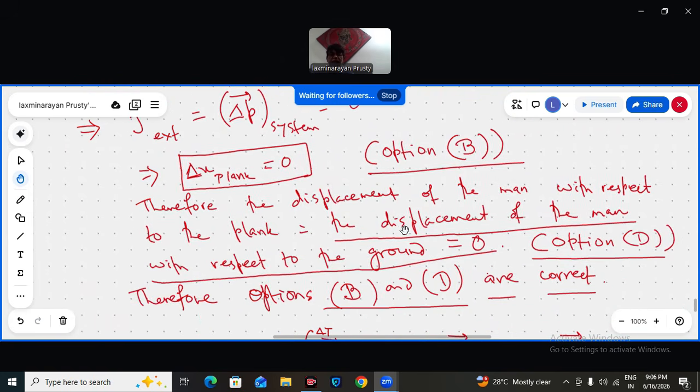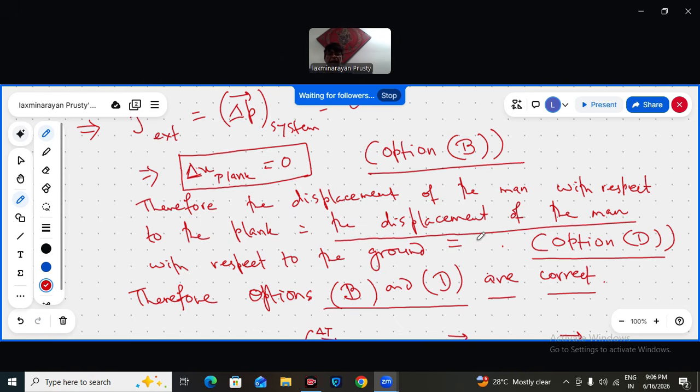And since with respect to the plank the man has moved L, and the plank has not moved at all at the end of it, with respect to the ground the displacement of the man will be equal to L. Therefore, the displacement of the man with respect to the plank is equal to the displacement of the man with respect to the ground, which is L, because we know that the man has walked from left to right with respect to the plank, that is L displacement, and the plank has not moved with respect to the ground.